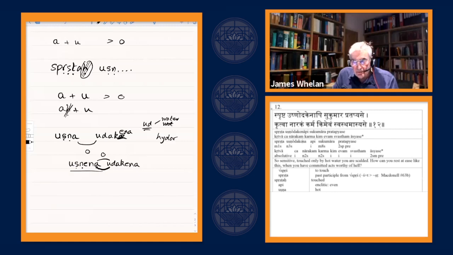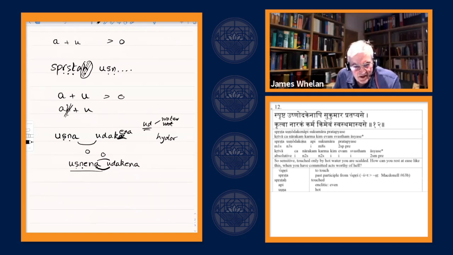Or you can merge them together to make a compound, ushnodakena, both equally correct. And in verse, where you've got a strict number of syllables per line, the poet will often decide on one or the other just to get the right number of syllables.